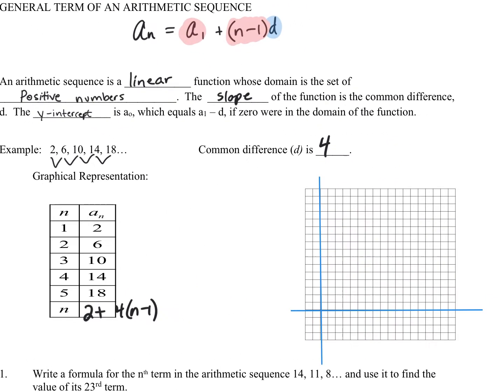If I wanted to graph those points, I would see (1, 2), (2, 6), (3, 10), (4, 14), and so forth, something approximating a linear function. Now, we wouldn't want to connect these points. These values are just enough to have those coordinate pairs.